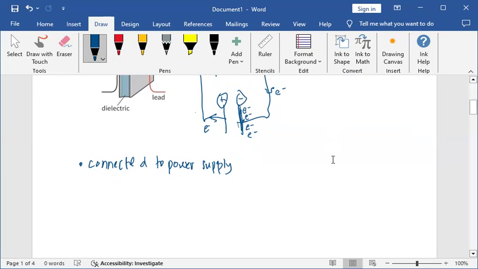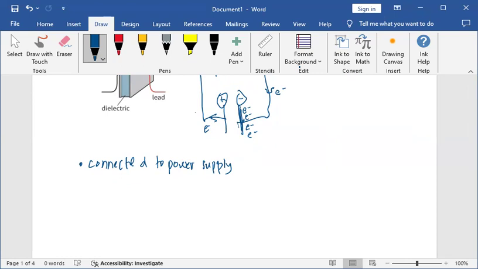Now we have two plates with equal charge, but this one is full of negative and this one is full of positive. But the total charge in this capacitor is zero when it is in the charged condition.